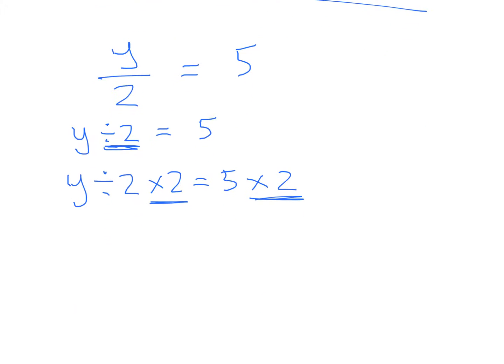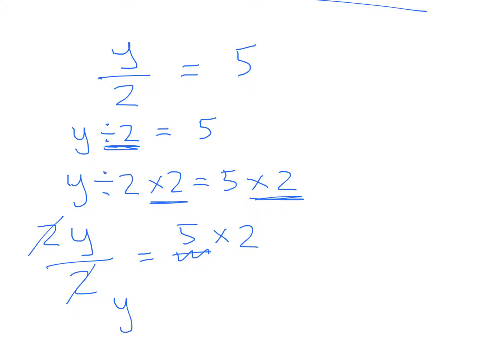Okay, and then if we're writing that in a more physicsy form again, it's going to be 2y over 2 equals 5 over, not 5 over 2, 5 times 2. Okay, because we started off with that y over 2. And so we've just multiplied it by 2, sticking the 2 next to it, and what we do to one side we must do to the other. Following it through, the 2s cancel, and we're left with y equals 5 times 2, which is 10.